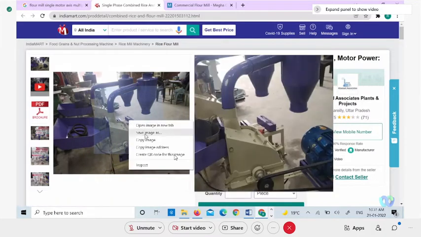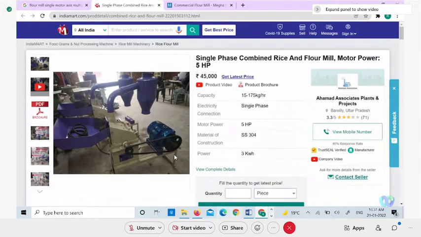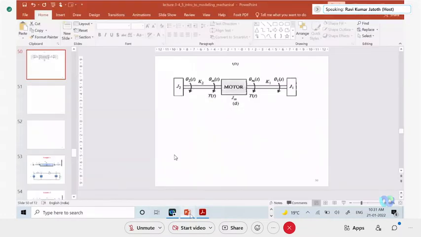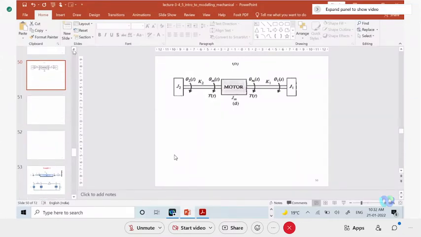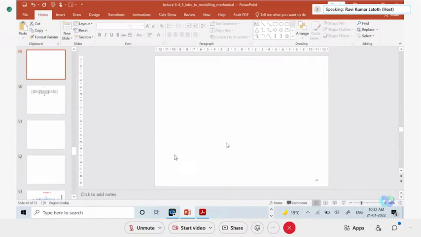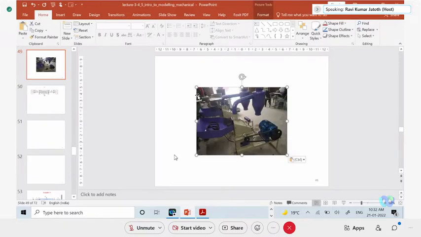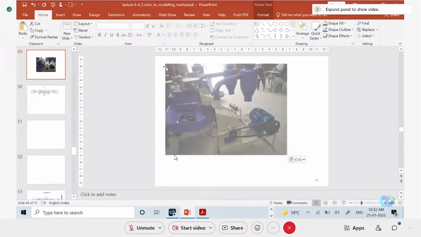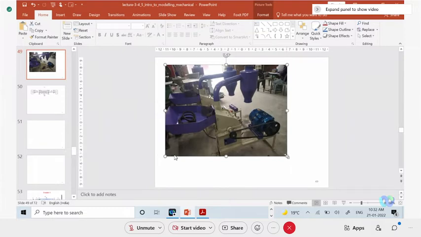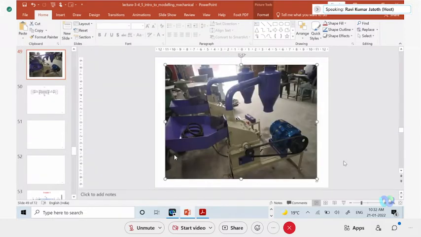So the same situation. You can see here, same situation kind of. I am preparing notes now. But you can see reality, right?